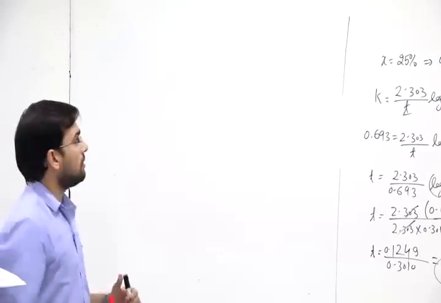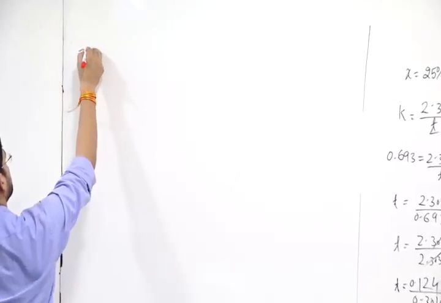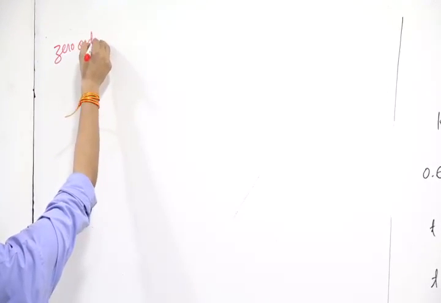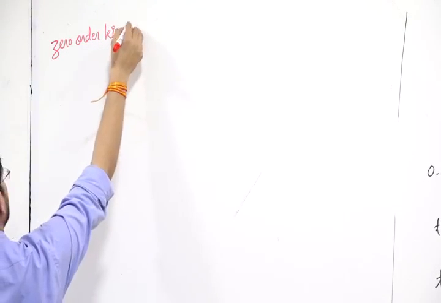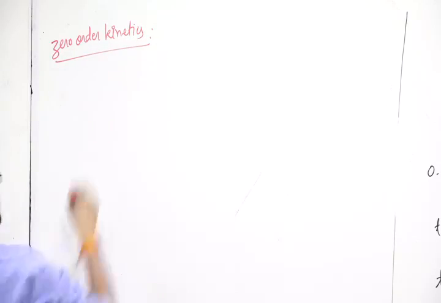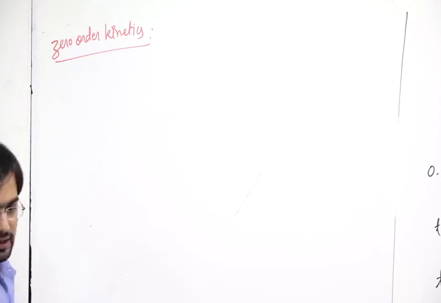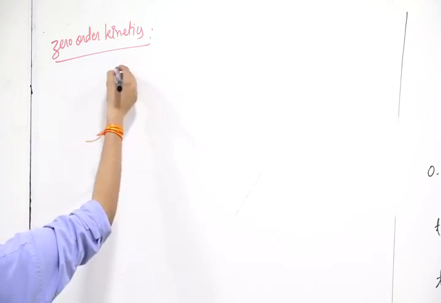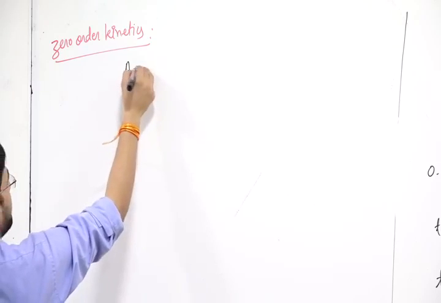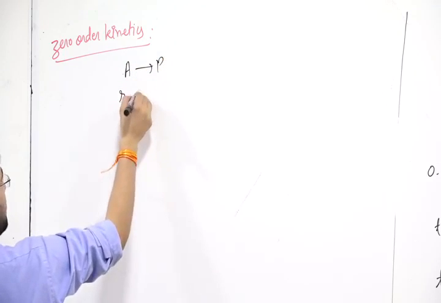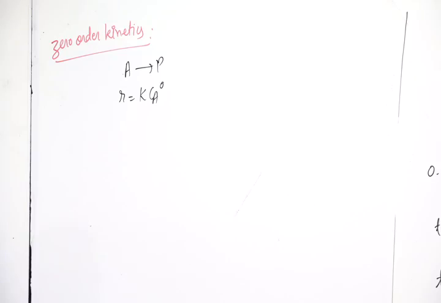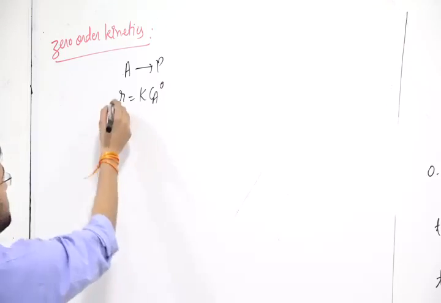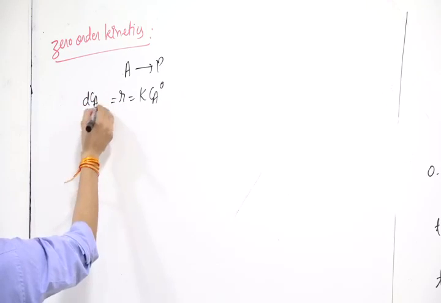Okay, then now next, this side: zero order kinetics. Zero order kinetics is A gives rise to product P. Rate R equals K Ca power 0 because the order is 0, which could equal minus dCa by dt.